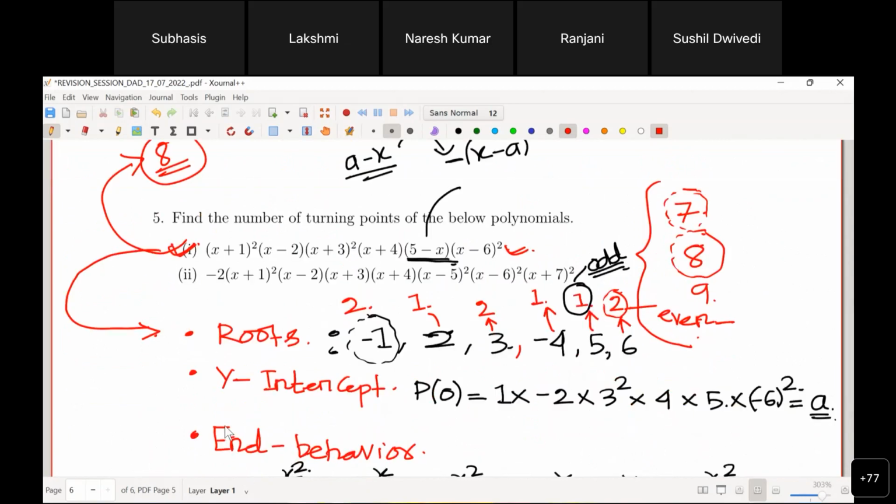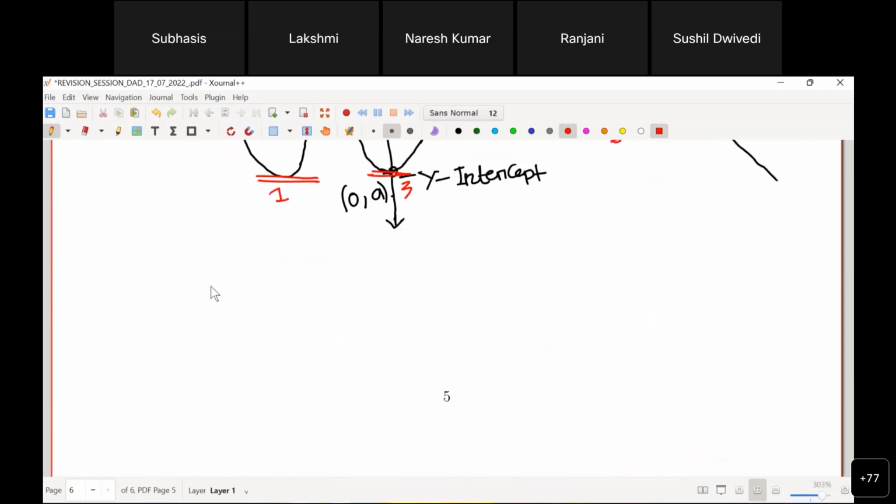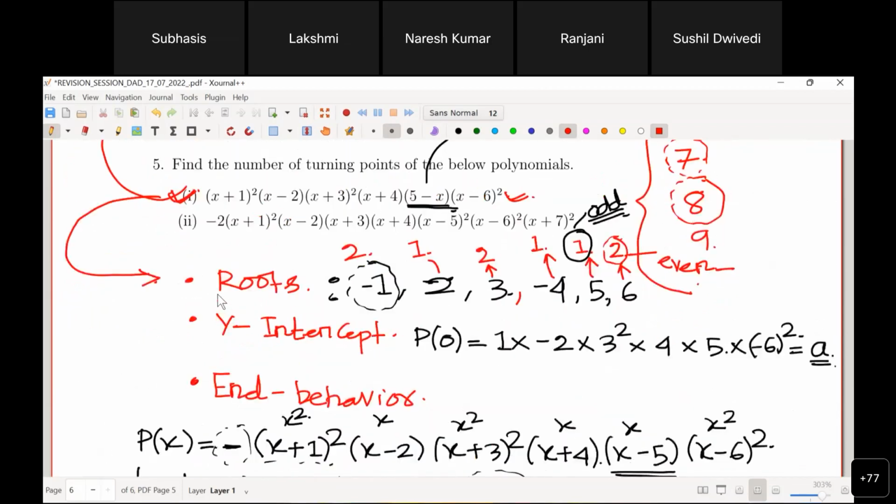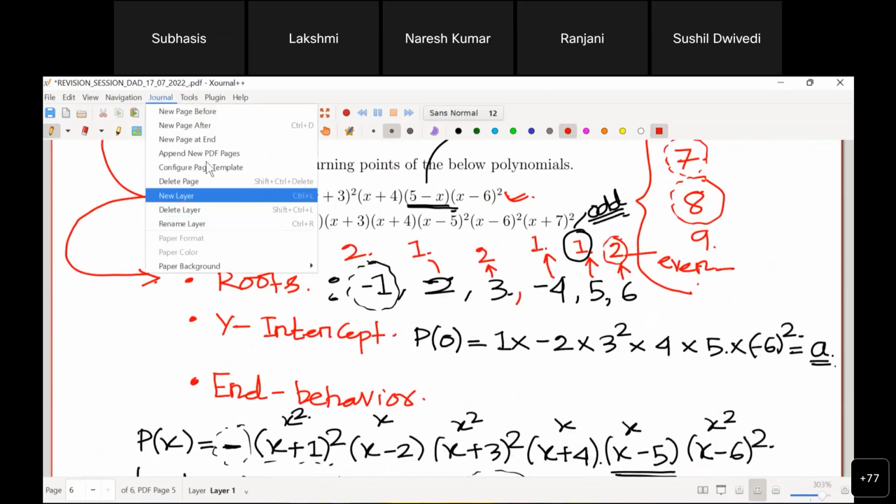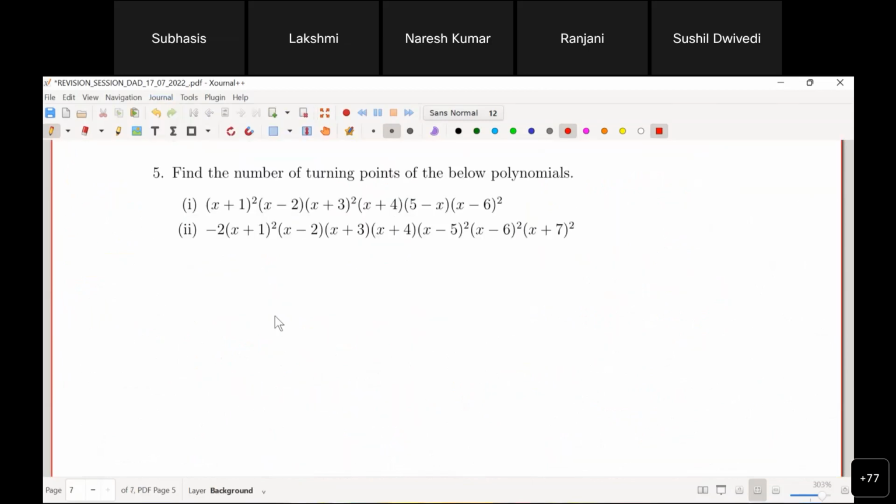Now you have the idea. So can one of you tell me what will be the answer for option 2? I think this is an 11th degree equation.